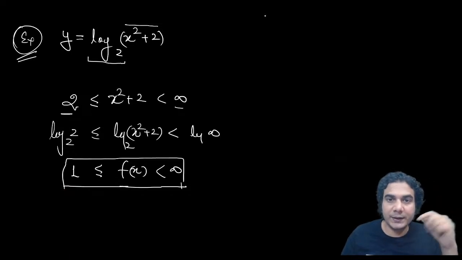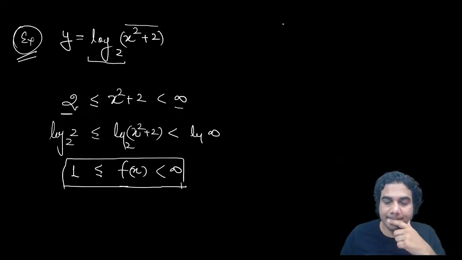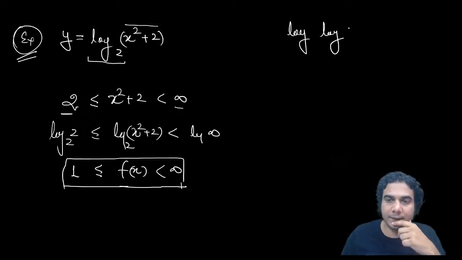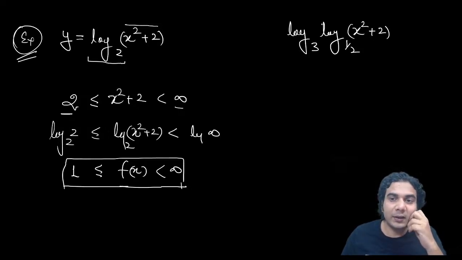Now let's see the second example. Suppose it would have been log of log of x square plus 2 to the base 1 by 2 and to the base 3. Now you can see we have three functions in composition.